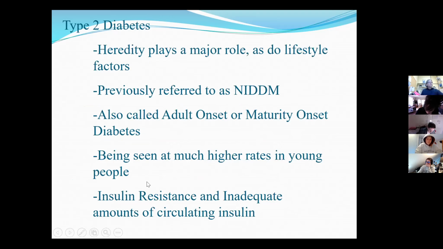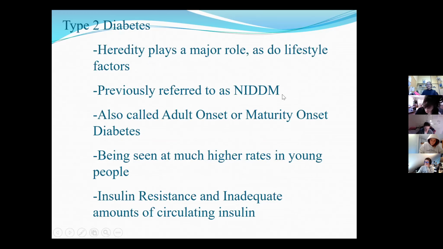So type 2 diabetes, let's sort of differentiate these. Heredity also plays a major role, but so do lifestyle factors. And lifestyle factors do not play a role in the development of type 1. Again, this was previously referred to as non-insulin dependent diabetes mellitus.